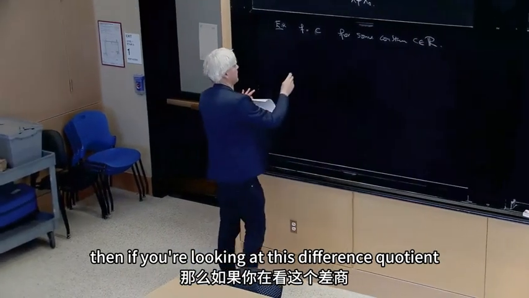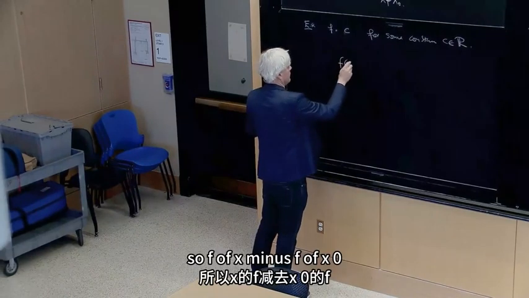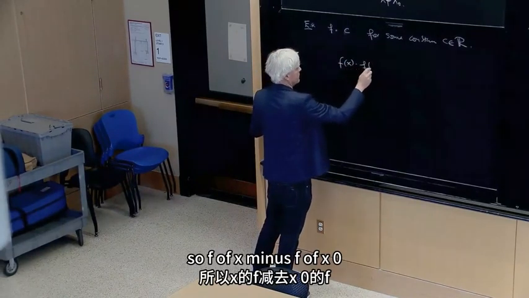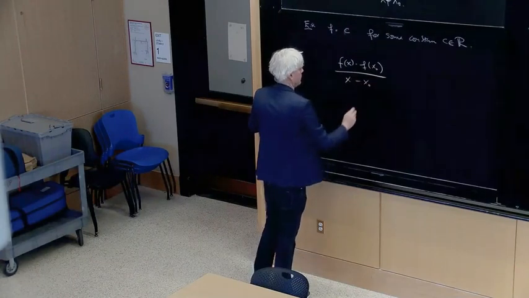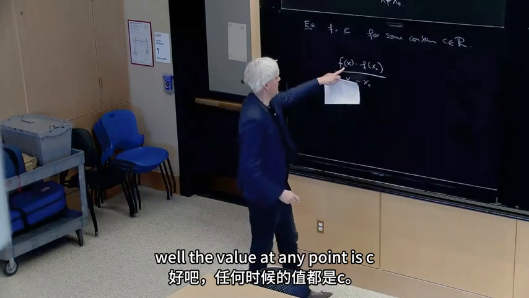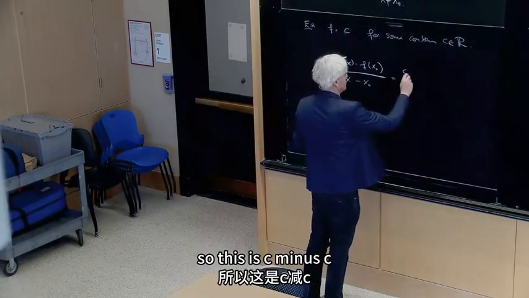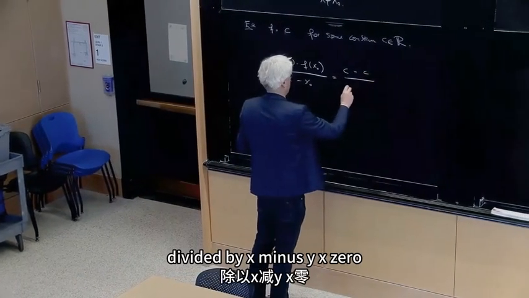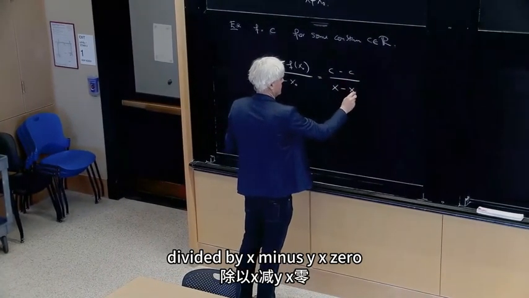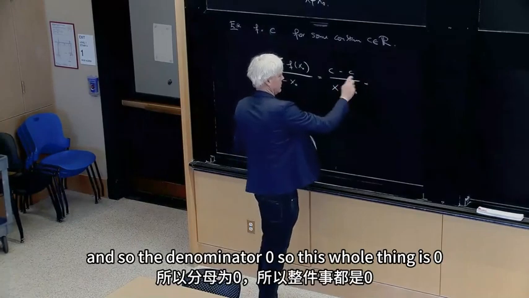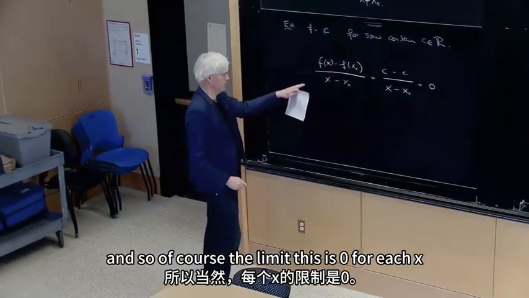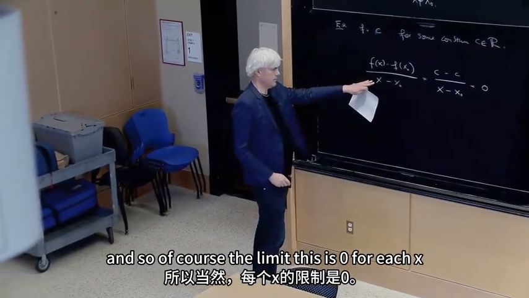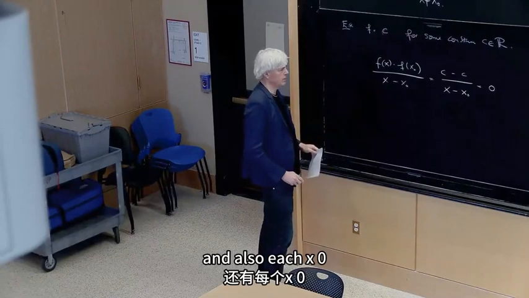Then if you're looking at this difference quotient, f of x minus f of x0 over x minus x0, well, the value at any point is c. So this is c minus c divided by x minus x0. And so the numerator is 0, so this whole thing is 0, for each x and also each x0.